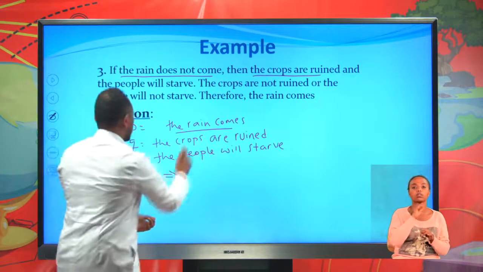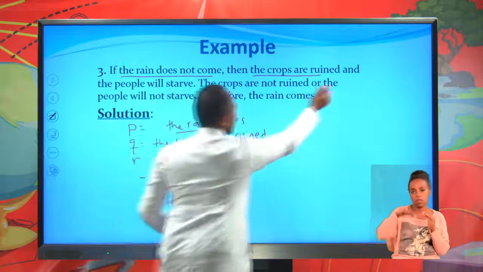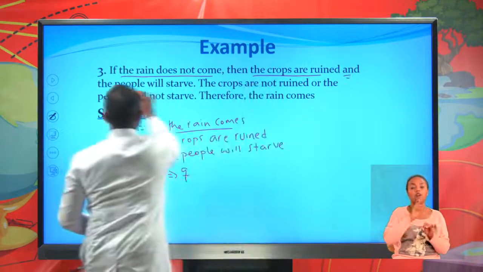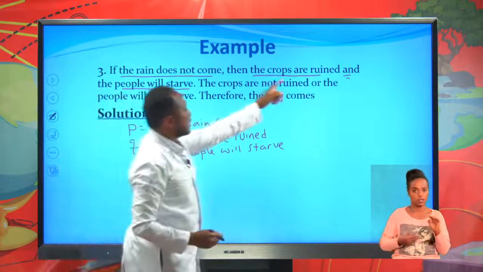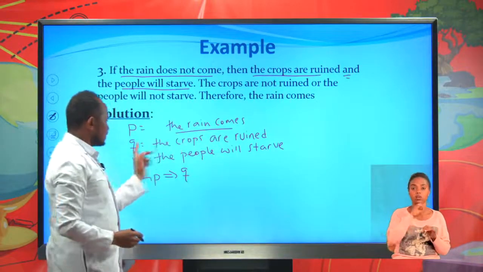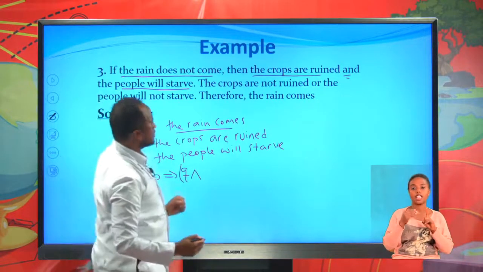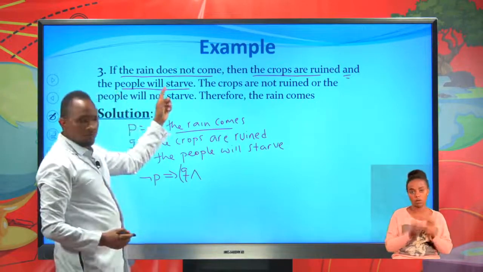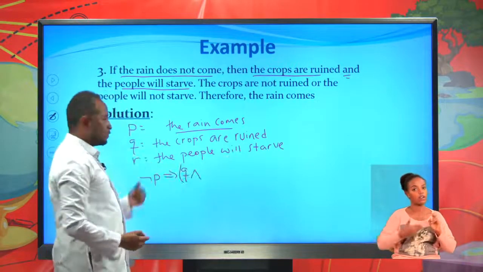The crops are ruined is Q. Negation of P implies Q. The crops are ruined and the people will starve: the crops are ruined is Q, and the people will starve is R, Q and R.